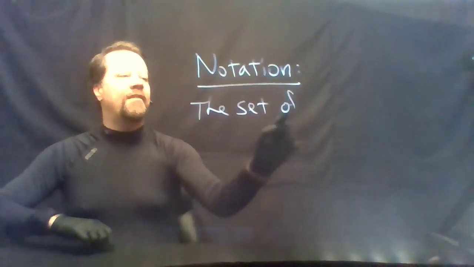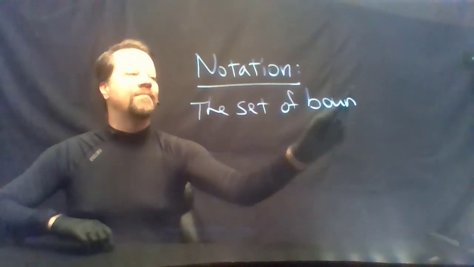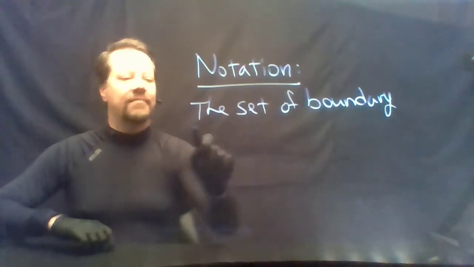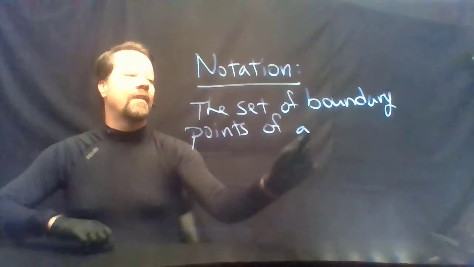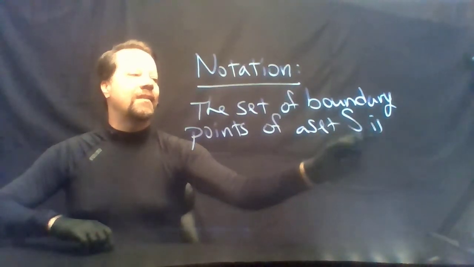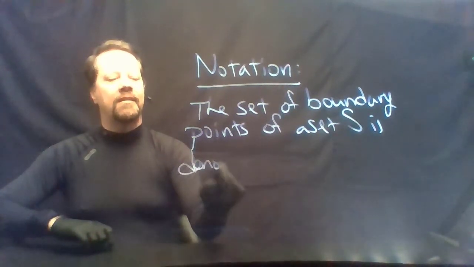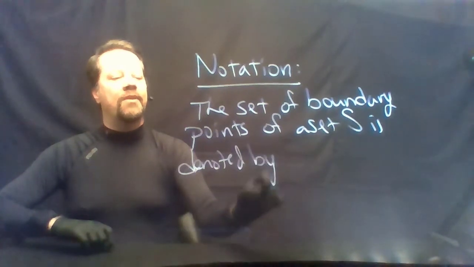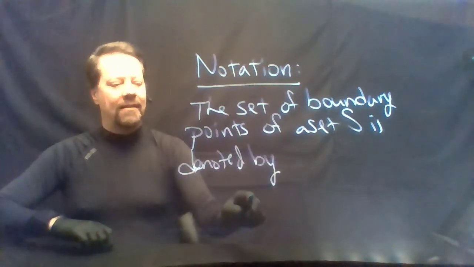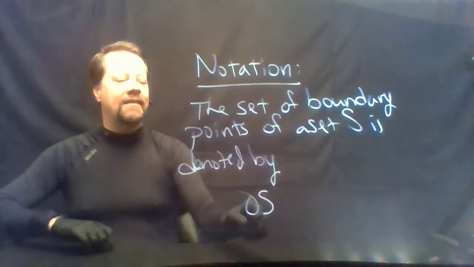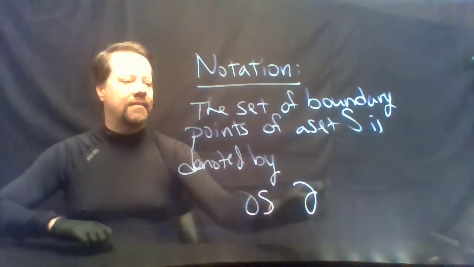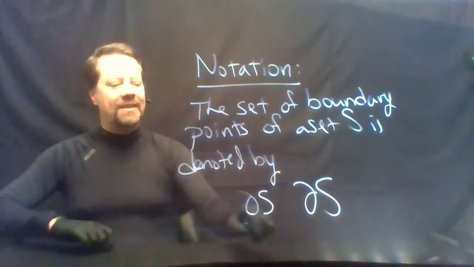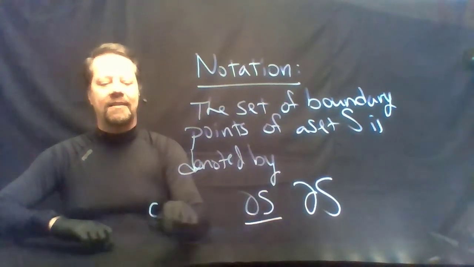The set of boundary points of a set S is denoted by a fancy D and then S. I will often write it like this, though the old style way of writing it is like this.